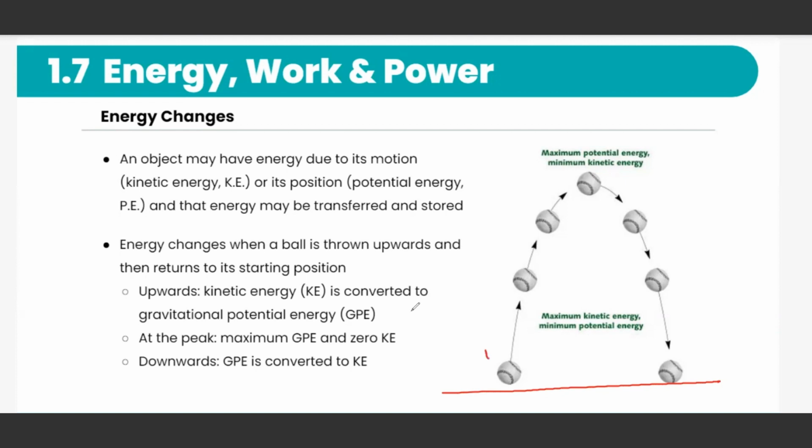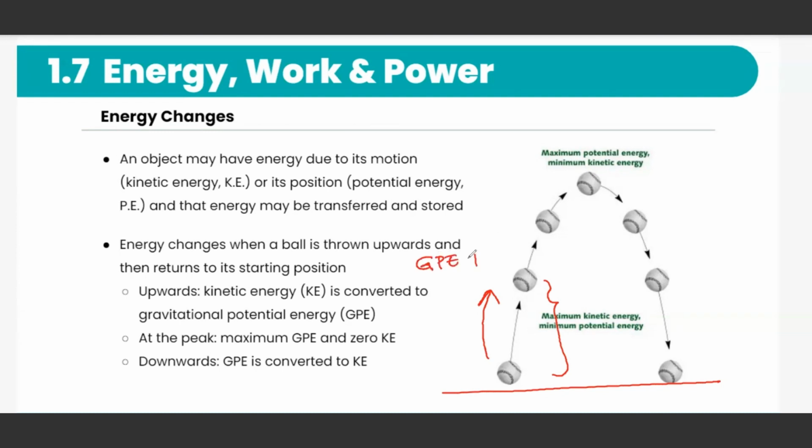And as the ball moves up, what happens is the ball will slow down. The velocity will decrease. And because of this, kinetic energy will also decrease. But since the height of the ball has now increased, it's further away from the ground, the gravitational potential energy has increased.